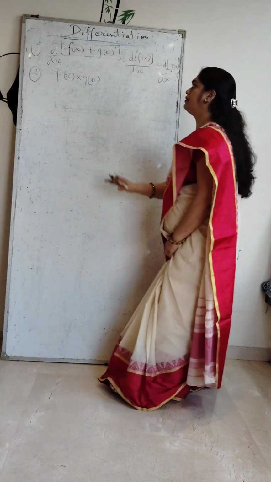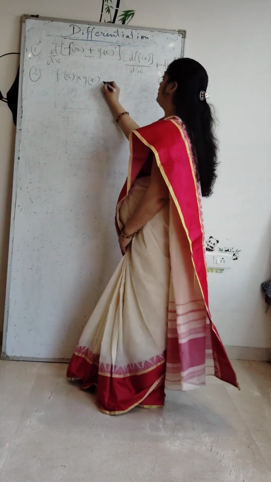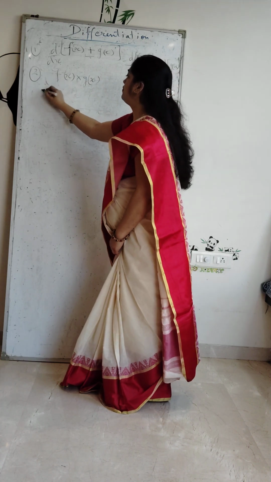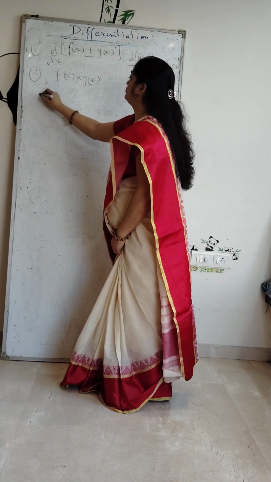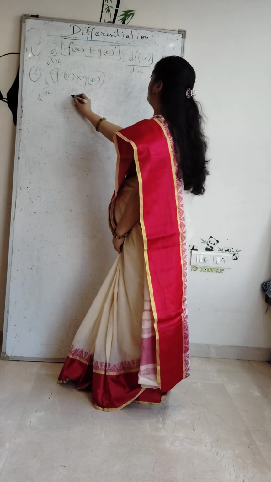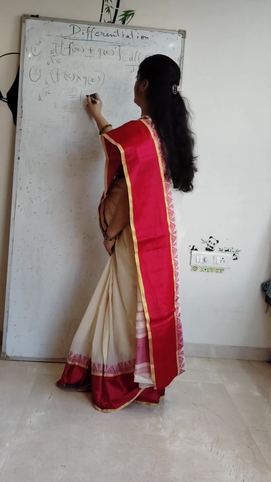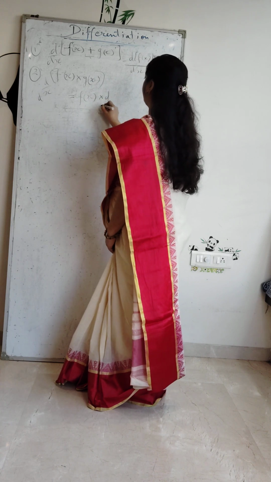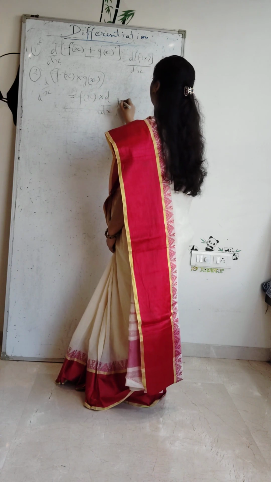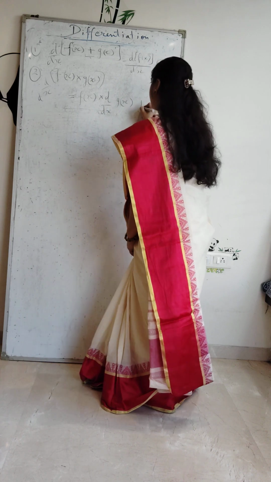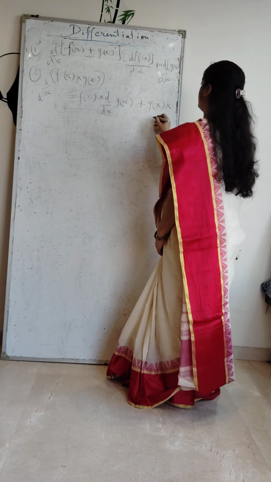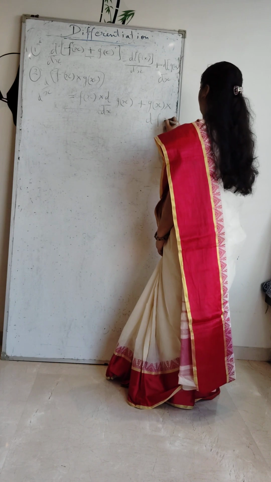Then how will we solve this type of function? We will keep the first function as it is, into differentiation of second function, then plus sign, second function as it is into differentiation of first function.